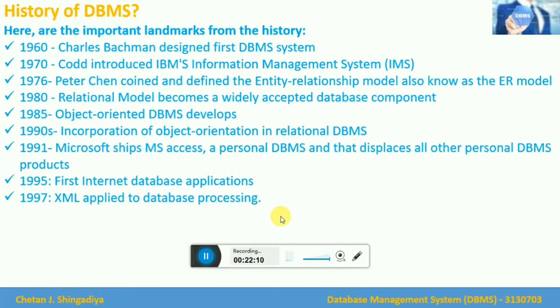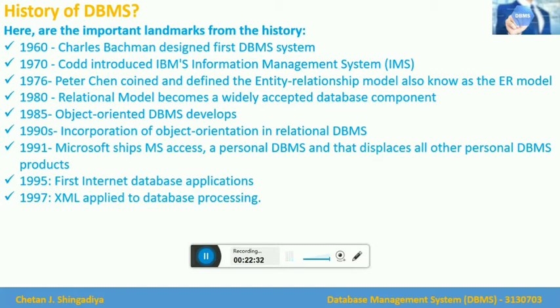Now we are going to see the history of DBMS. Here are important landmarks from the history of this subject. In 1960, Charles Bachman designed the first DBMS system.